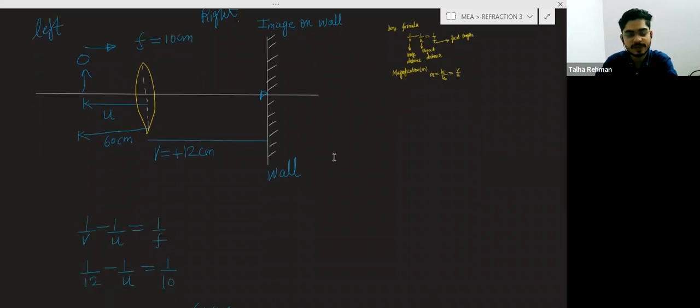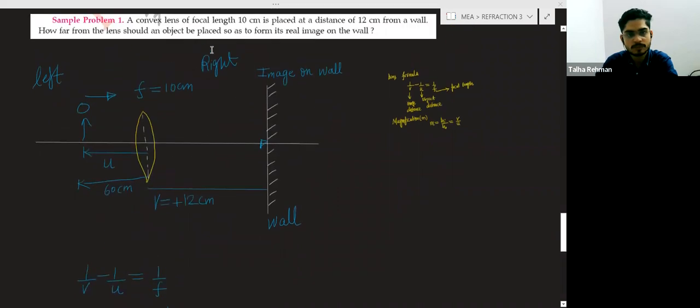This is the first numerical on this topic, so write down this numerical and its answer, then we will solve the next question. Everything will be given in the question itself, but you have to identify it in a proper way.